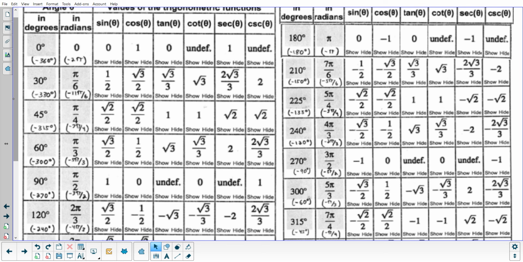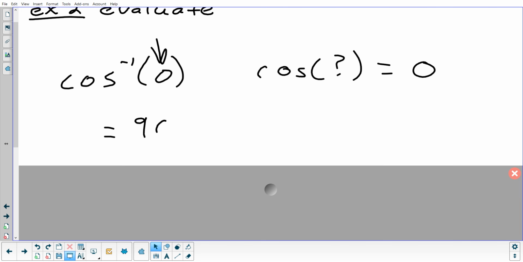So go to your cosine, keep going down till you find a 0. Got some traces right here, then you got some more traces over here. 90 degrees is the one we're looking for. Negative 270? Nope, it's not between 0 and 180. Positive 270? Nope. Negative 90? Nope. 0 to 180, so 90 would be correct. And if they wanted radians, you could put pi over 2.